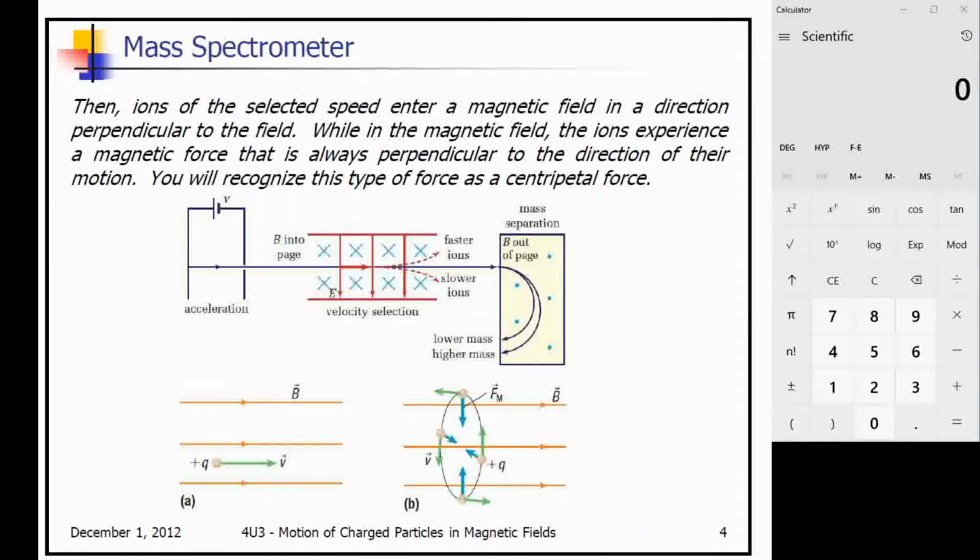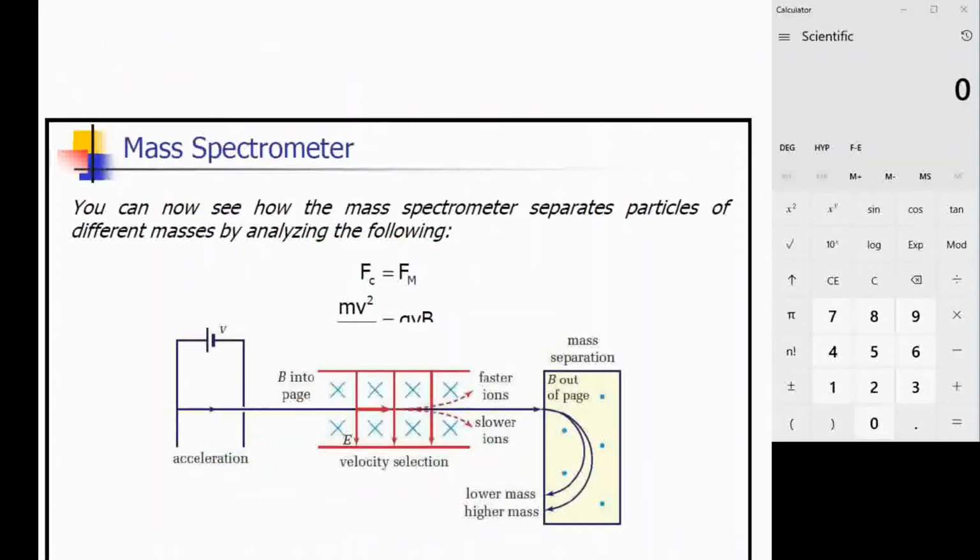So we can now relate this back to our Fc. If you remember, Fc equals mv squared over r. Fc equals Fm, and Fm equals QvB. So we can rearrange that equation. It becomes QvB equals mv squared over r. And rearranging that, we get the mass spectrometer equation, which you'll see coming up.